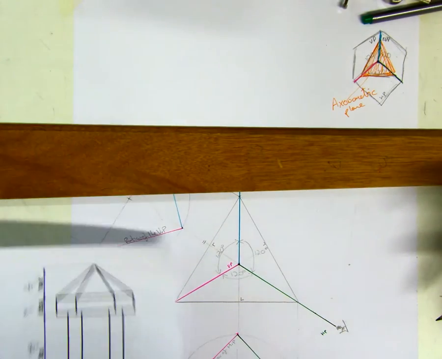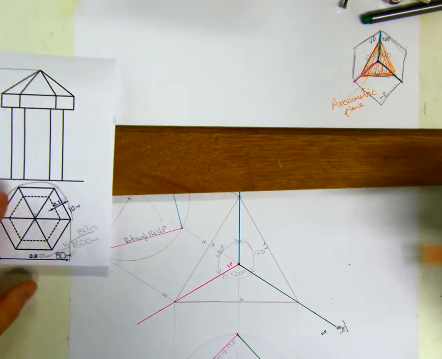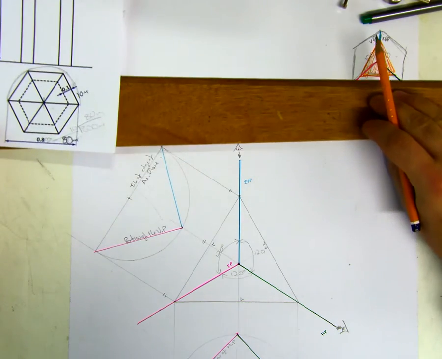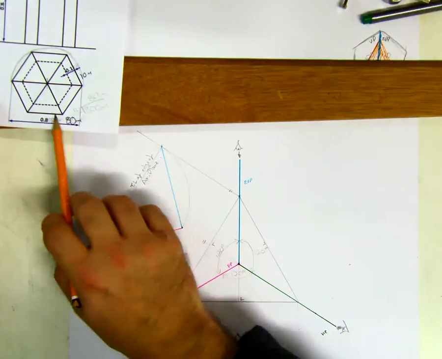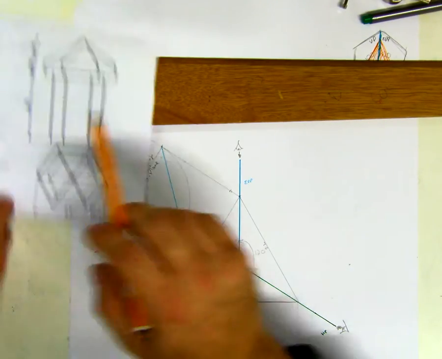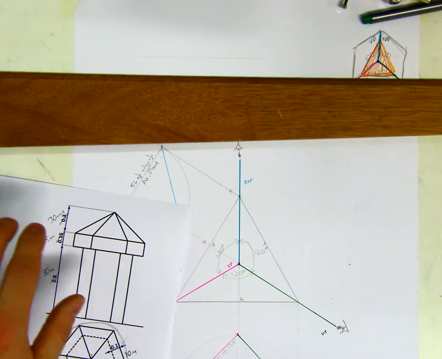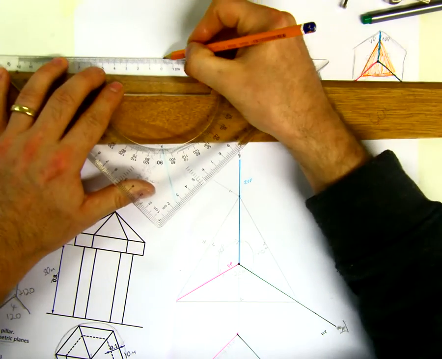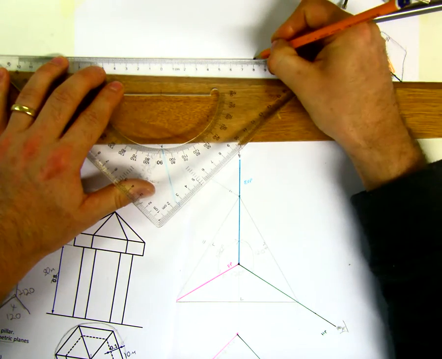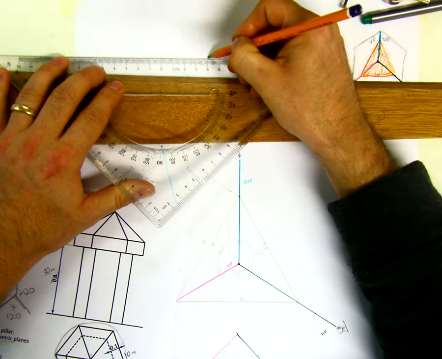The first thing I'm going to do is draw a random line. We can see that 80 is the diameter, so on that line I'm going to measure 80. From there is 80, so the center point is 40.